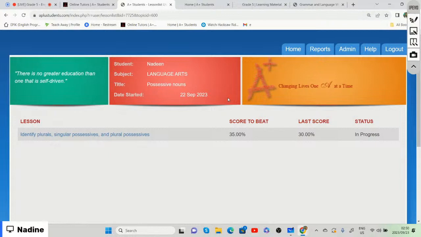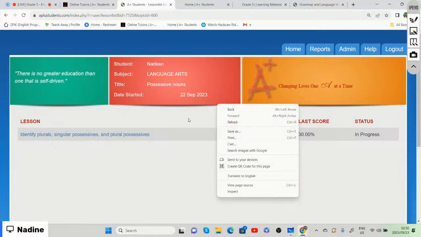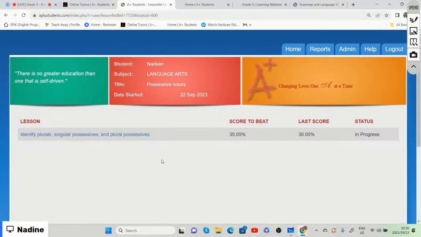Whereas just plural means more than one. If we add an S to a word, it will indicate that there's more than one of that. But as soon as we put an apostrophe S, then we're showing possession.